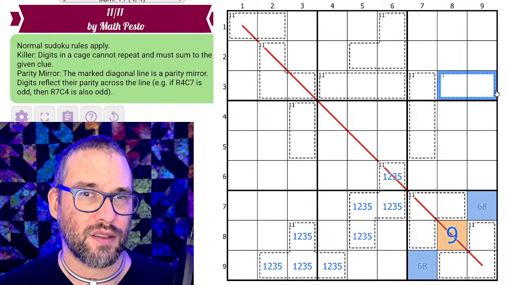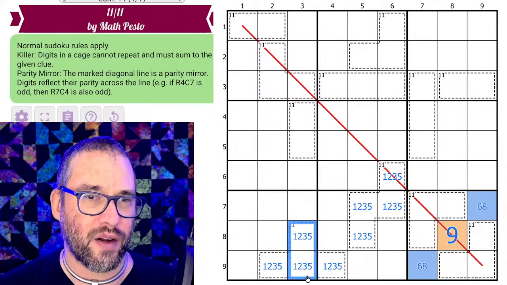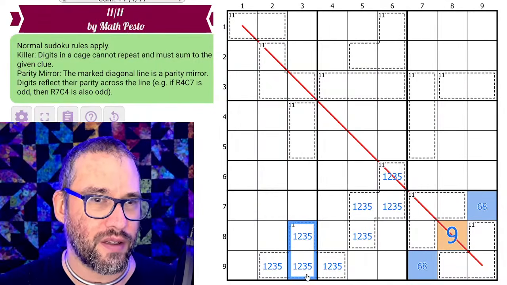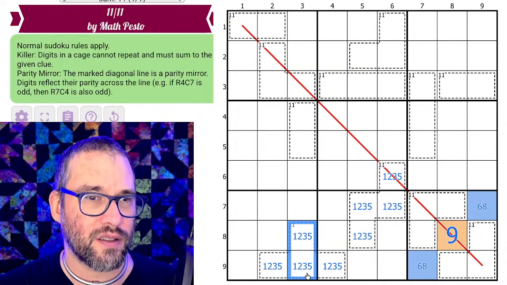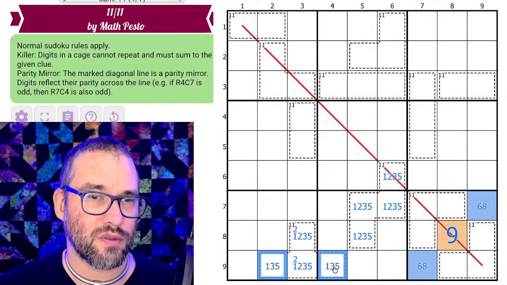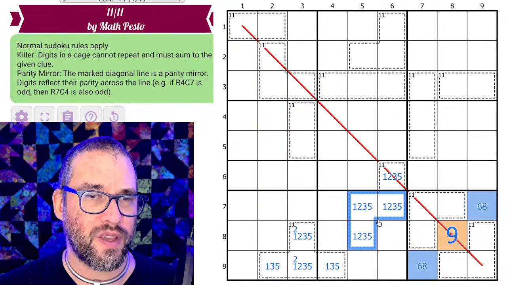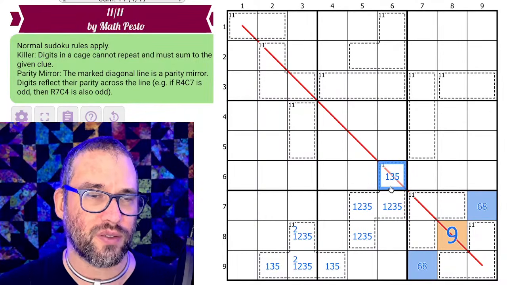Ah, these two need to be opposite parity, so they definitely contain the 2. So one of these is 2, so this isn't 2.